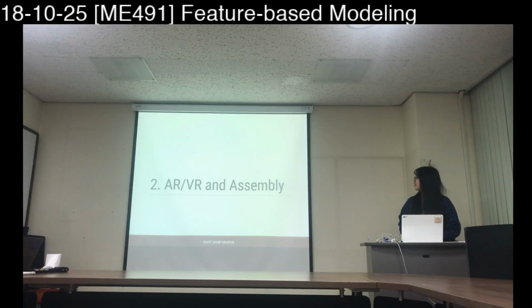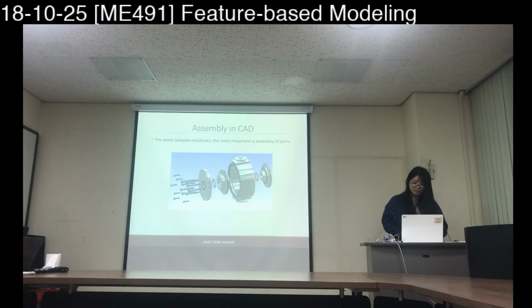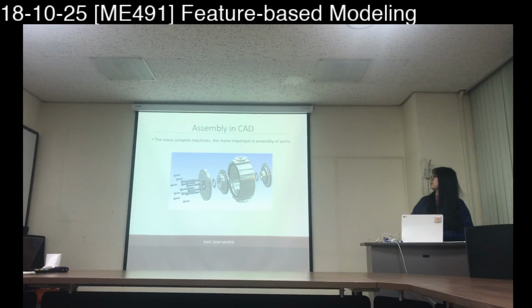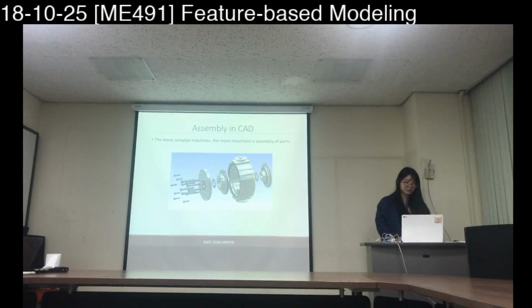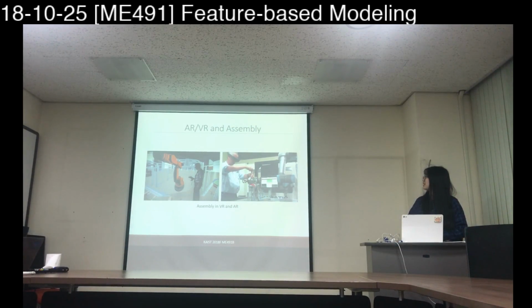My second topic is AR, VR, and assembly. Assembly is the fundamental function of a CAD system. The more complex the machine, the more important the assembly of parts is. So you already know that. And there are applications of AR and VR for assembly.